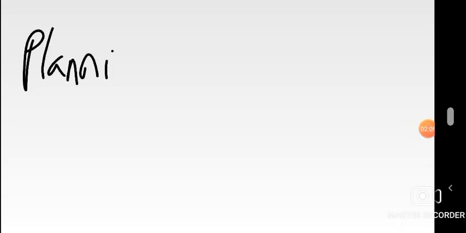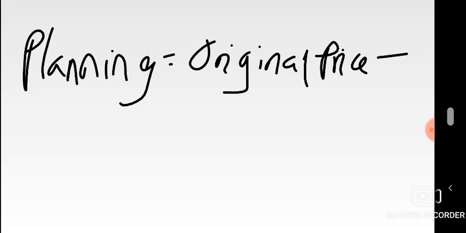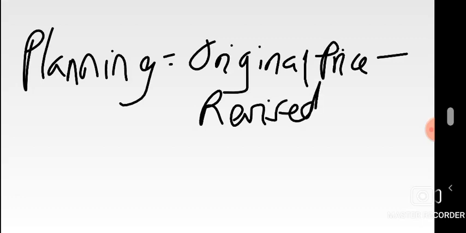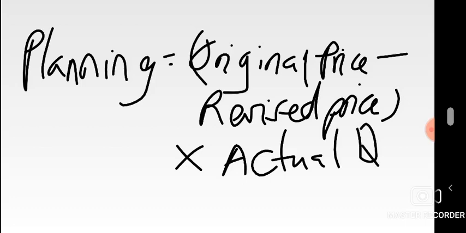Material planning variance is equal to the original price minus your revised price, multiply these two which are in brackets by your actual quantity.